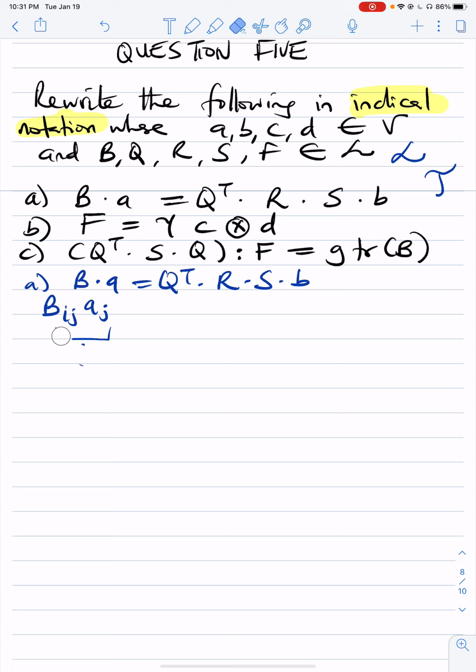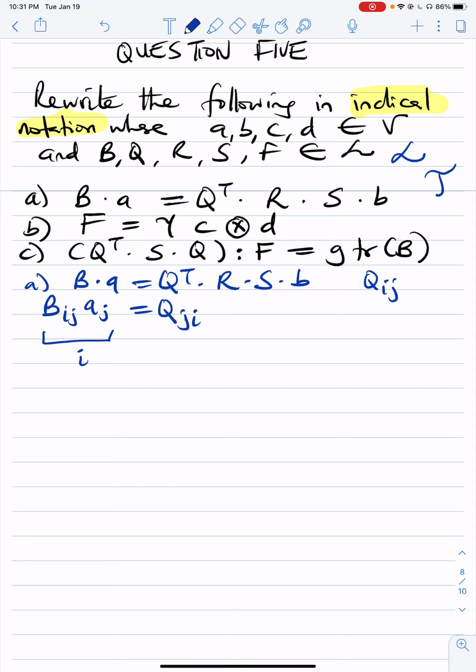Then Q is supposed to be Q_{ij}, but it's being transposed, so it's supposed to be Q_{ji}. And remember, what you get on the left hand side should be equal to what you get on the right hand side. So if you multiply this, you're supposed to get an index with i.